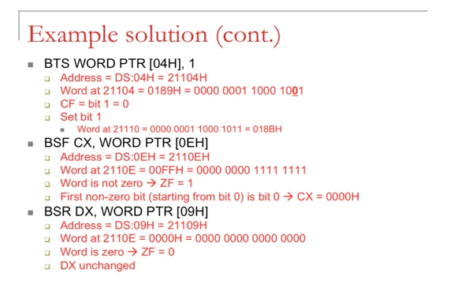We're going to take bit 1, and we're going to save the value, it's 0, to the carry flag, and because this BTS sets the bit, we're going to change this 0 to a 1. So that's this 1 here. At the end, this instruction will change this word to 018B.